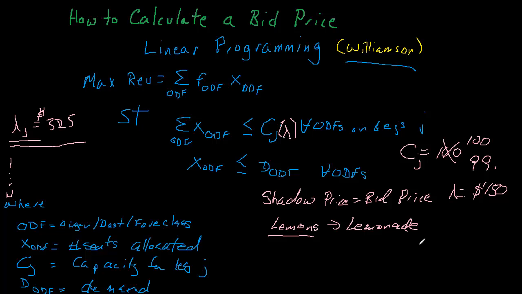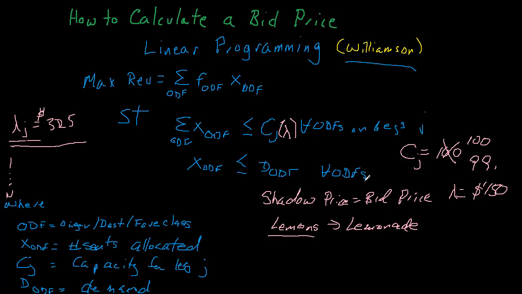But the real environment for an airline is changing constantly. By the time we finish running this model, the remaining capacity has already changed because people are constantly buying seats. Also, the forecast of demand is changing because as airlines get more information, the remaining demand changes quite rapidly.